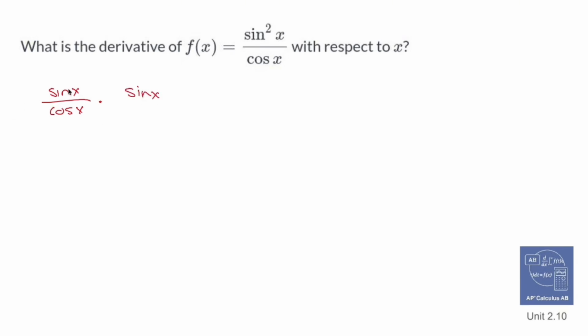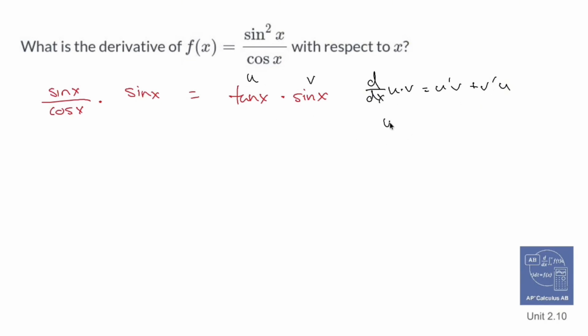Sine x over cos x is tangent, and sine is just sine. So now I'm going to view this as product rule. I'll call you u and I'll call you v and remind myself that d dx of u times v is u prime v plus v prime u.